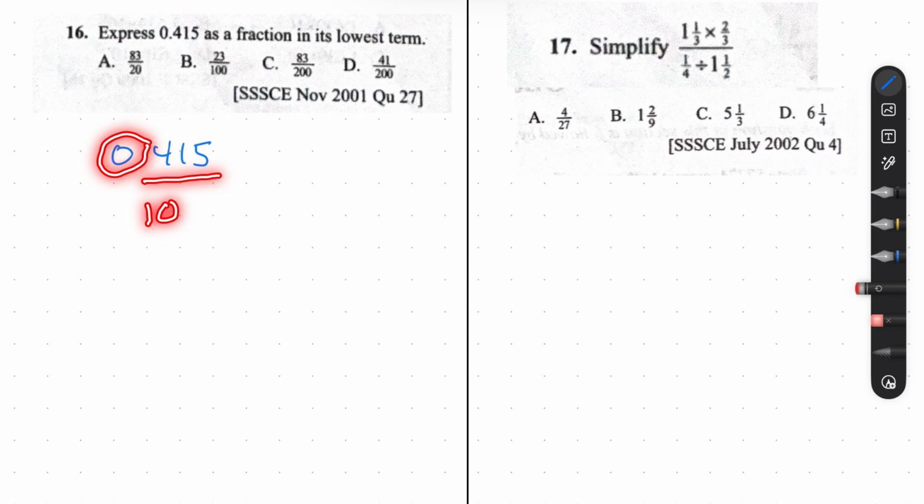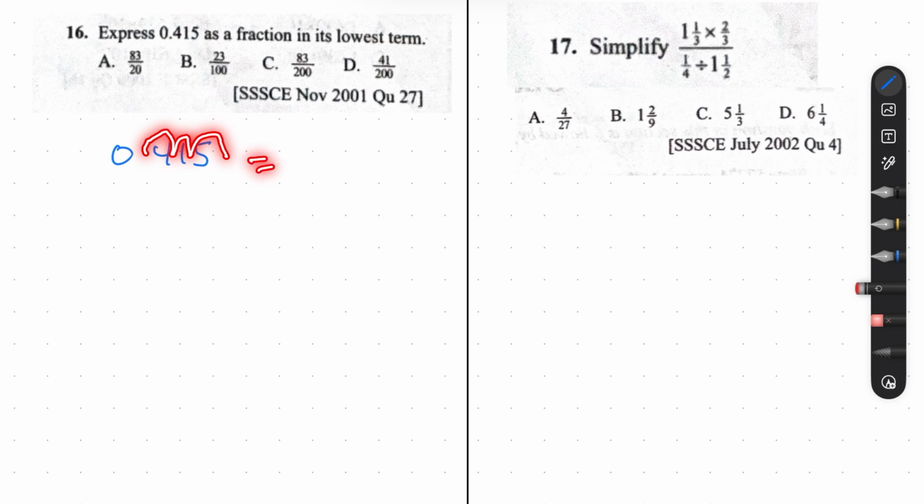So we have tenth, we have hundredth, we have thousandth, and so on. How do you find which is which?